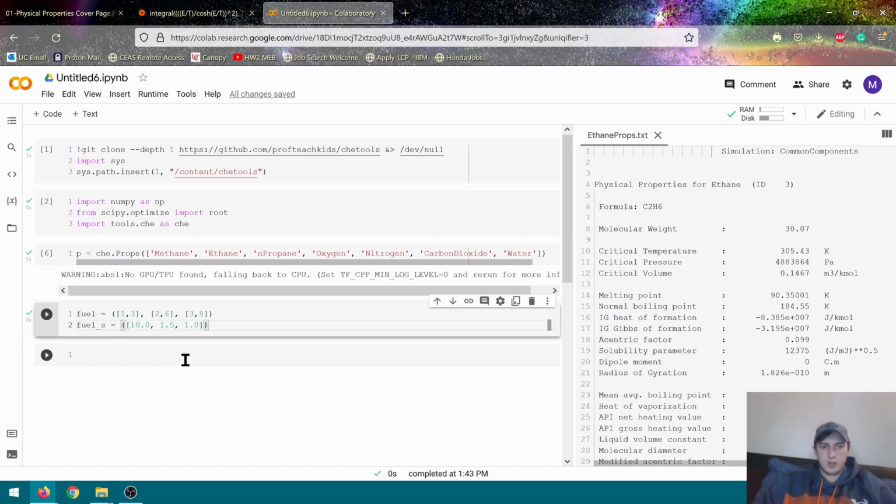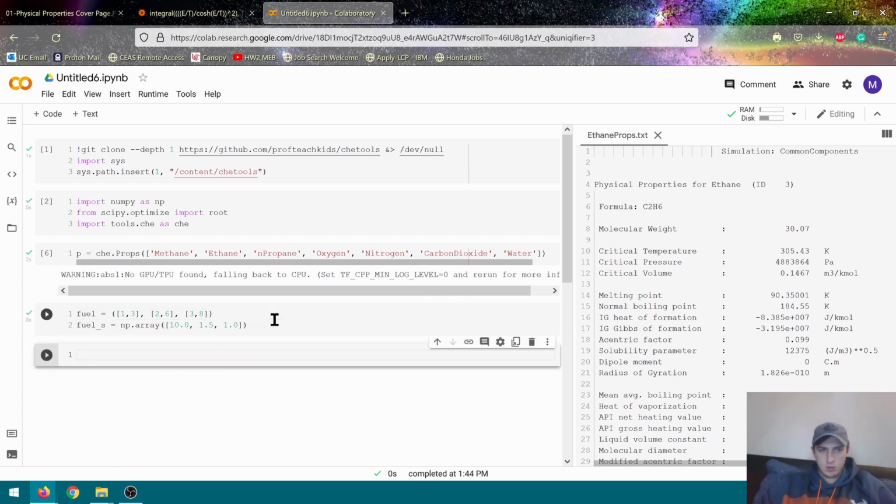And we're going to want to set this to an array. So we're going to say this is equal to np.array with this. Now we should be good.